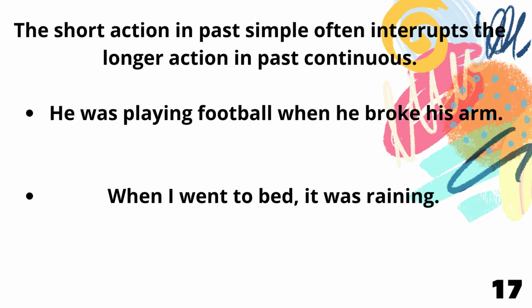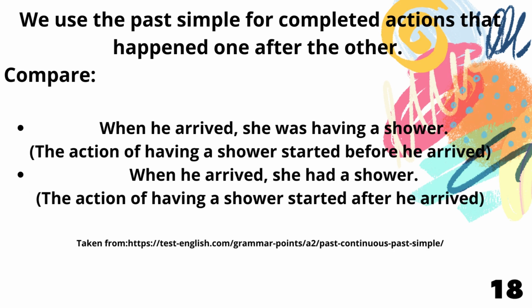The short action in past simple often interrupts the longer action in past continuous. For example, he was playing football when he broke his arm. When I went to bed, it was raining.